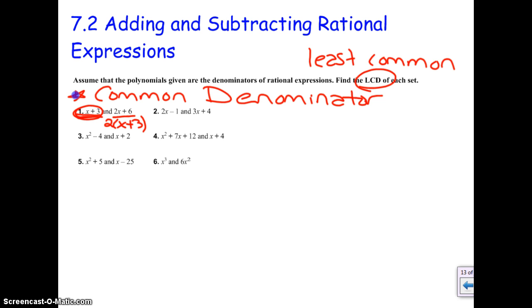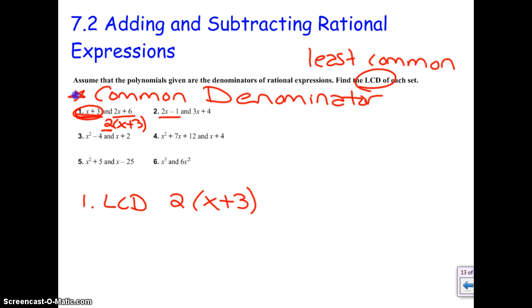So to include everything both might need, for number 1 my least common denominator is going to be the 2 and the x plus 3.